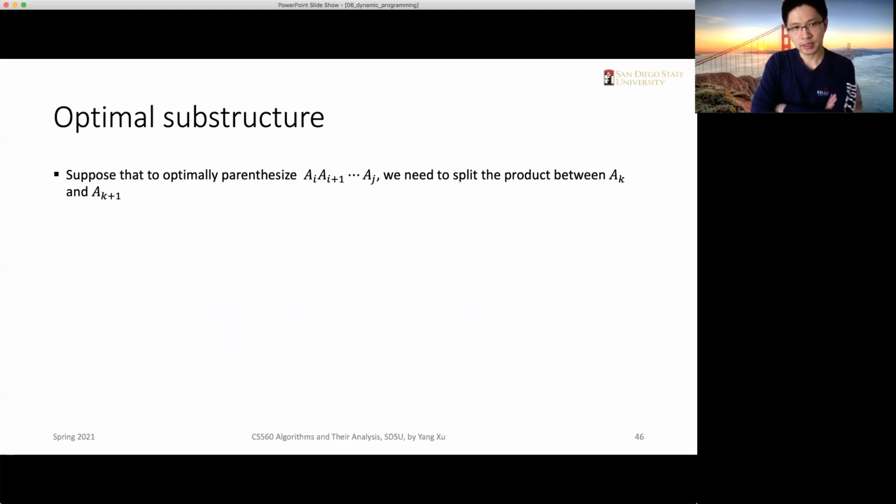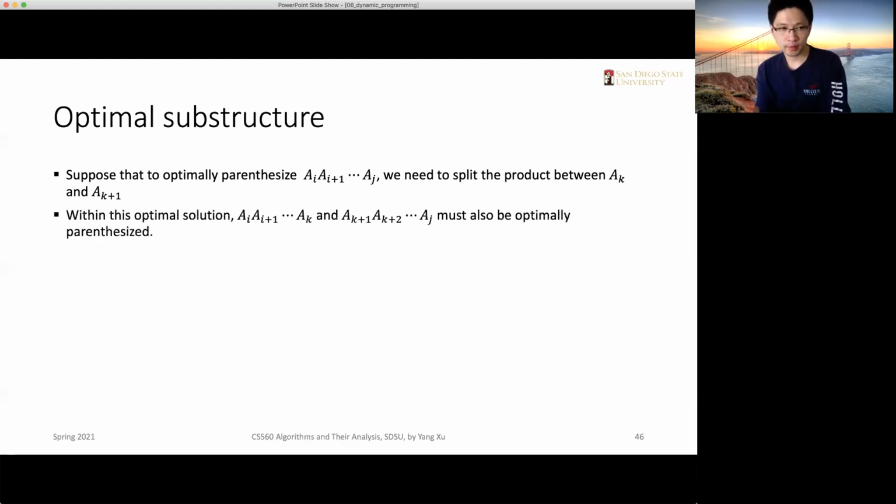So we suppose that in order to optimally parenthesize the original problem, we need to split the product between A_k and A_{k+1}. Then within such an optimal solution, the left chain and the right chain both need to be optimally parenthesized.